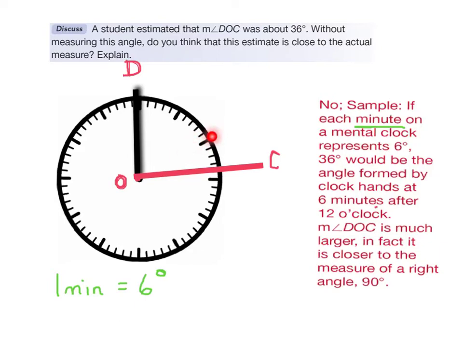Another 5 minutes there, so that's 60. And we're almost to the third 5 minutes. Well, 30 plus 30 plus almost 30 is almost 90 degrees. Well, it certainly isn't 36. So there's no way that this could estimate to be 36 degrees.